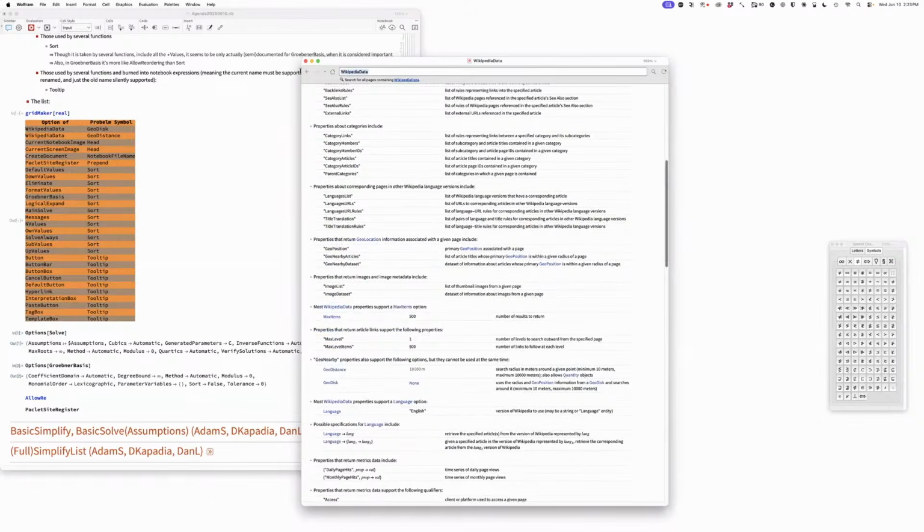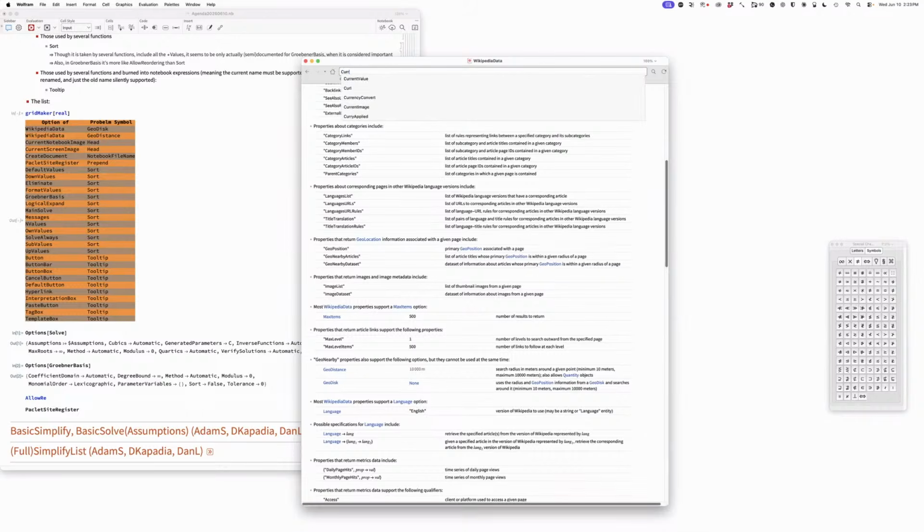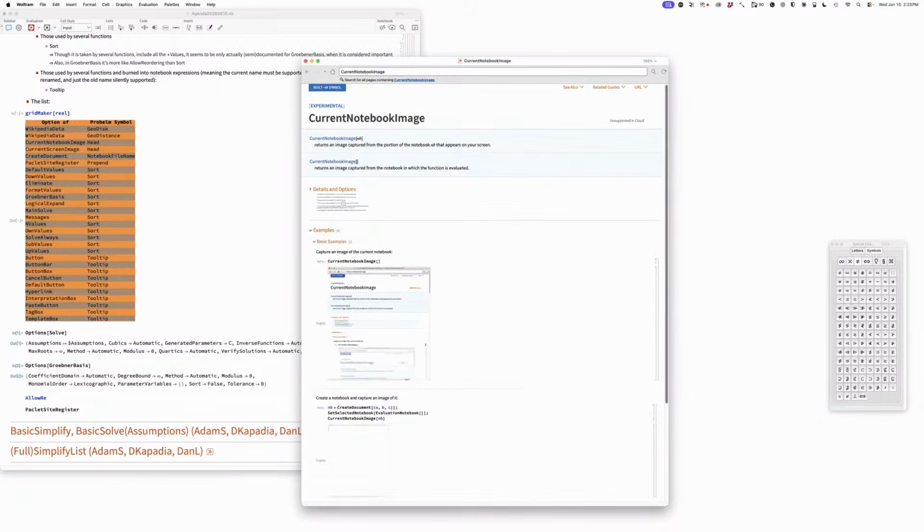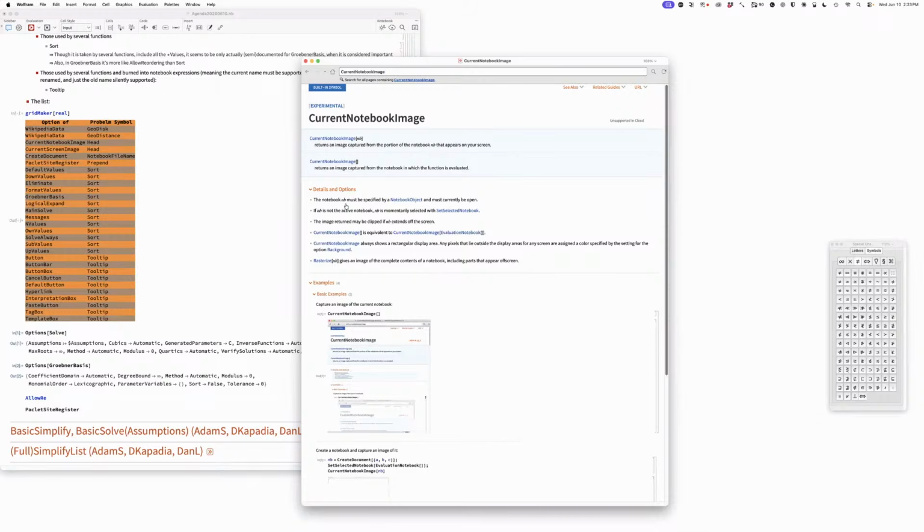Okay. Current notebook image. Right. So these are experimental functions. They don't even document this option, so I can't even tell you what it is because I don't think anybody is. I don't even know who's left here who had anything to do with current notebook image.